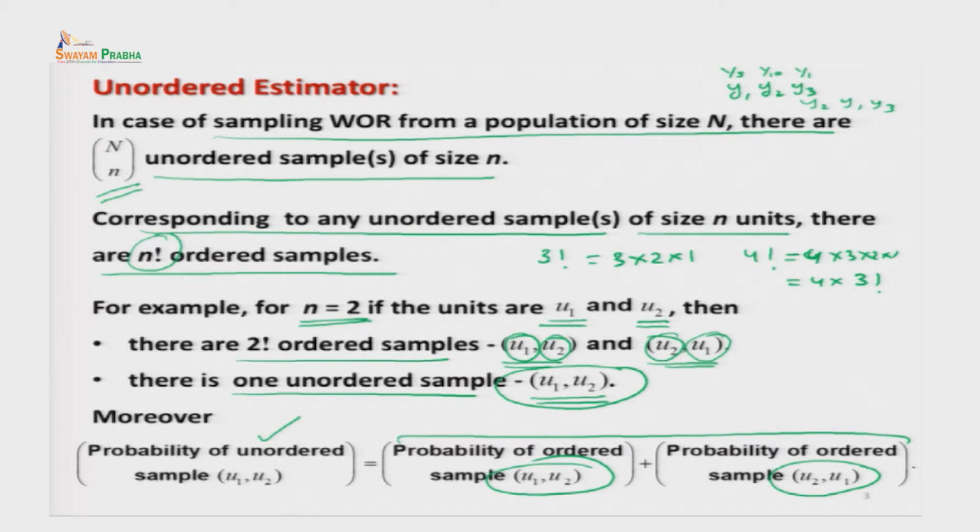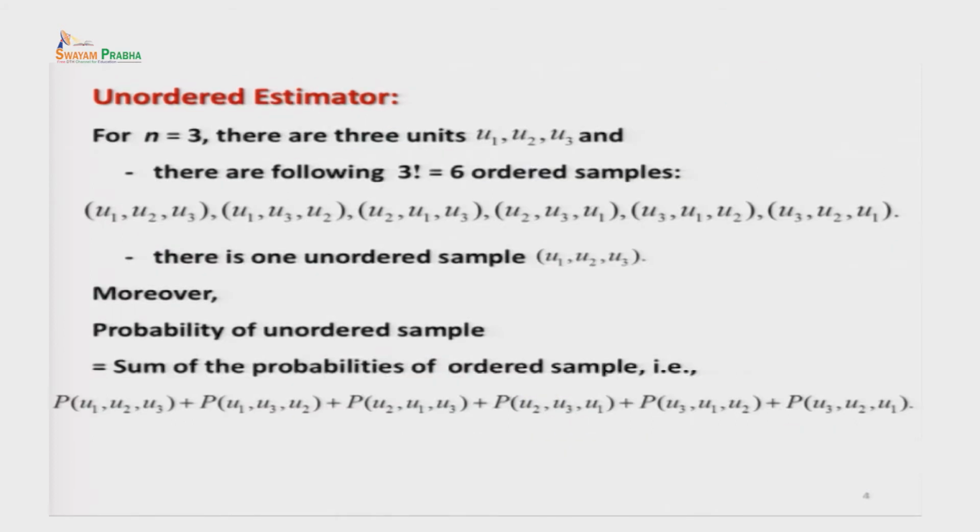Now I try to show you how it will hold for a sample of size 3. Beyond that it will become difficult for me to write down all the combinations here, but it will be true in general for a sample of size n. So for small n equal to 3, there are 3 units, small u1, small u2 and small u3, and from there we can have factorial 3, which is 3 into 2 into 1, which is 6.